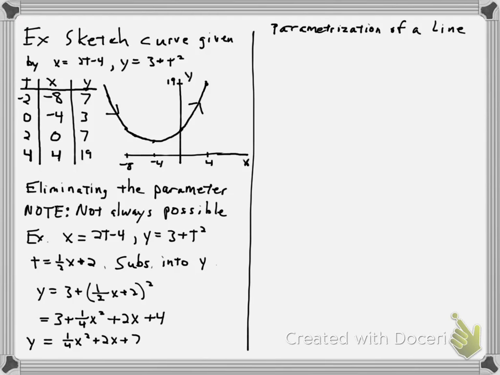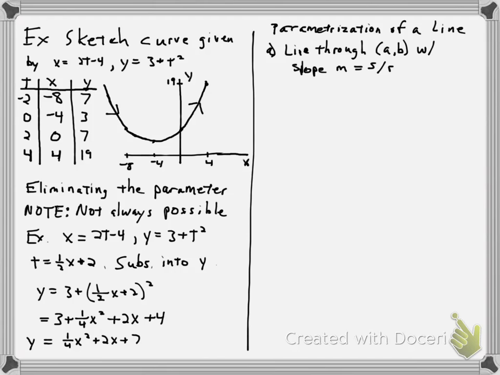Okay, so now I'm going to discuss the parametrization of a line in the plane. If we consider two different examples, I'm going to consider the line through a point (a, b) with slope m equal to, let's say, a ratio s over r.